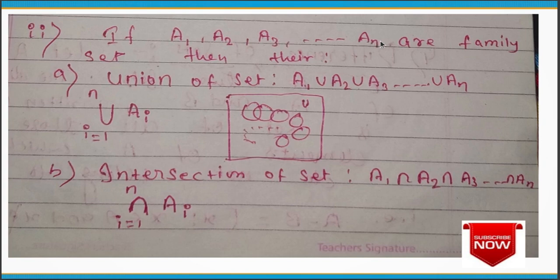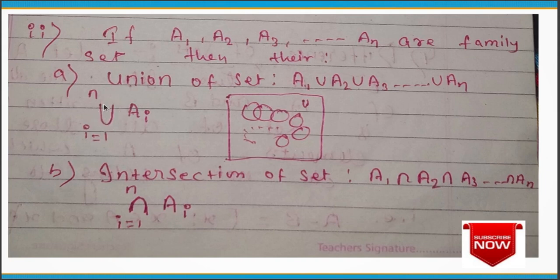Now if A1, A2, A3, up to An are a family of sets, then their union is A1 union A2 union A3 union and so on up to An.